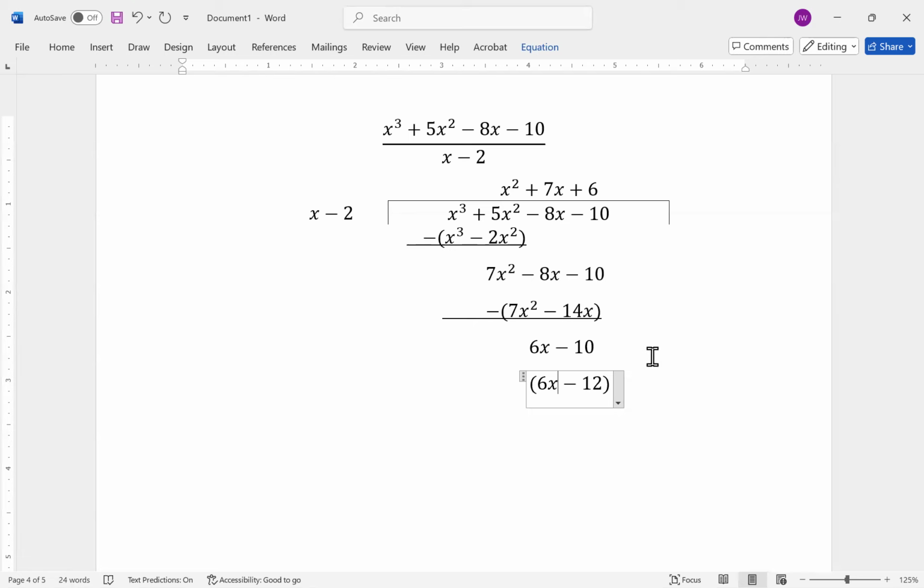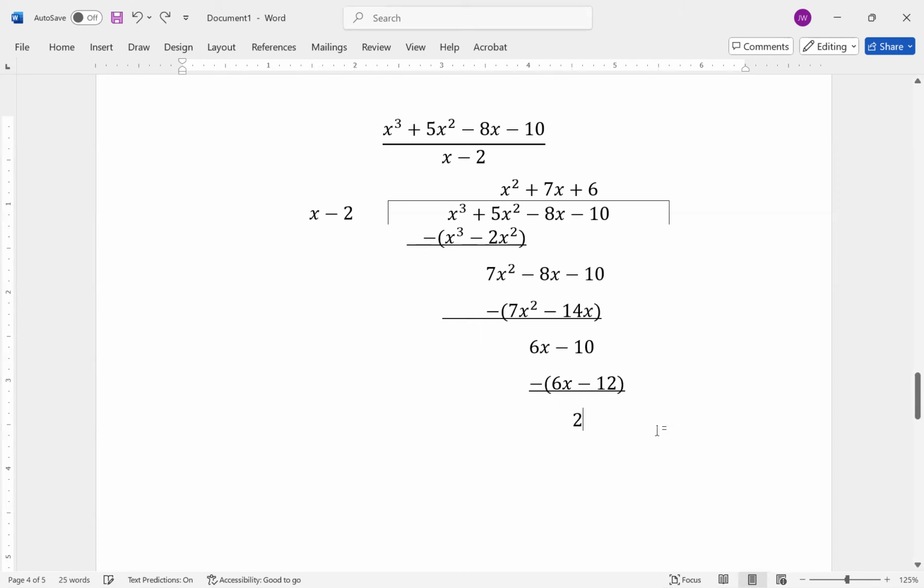And then I subtract that whole thing. When I subtract that whole thing, again, usually I'll put a line underneath of it just so that I can see what I'm doing. Negative 10 minus a negative 12, that's like negative 10 plus 12. I get a positive 2 as my remainder.